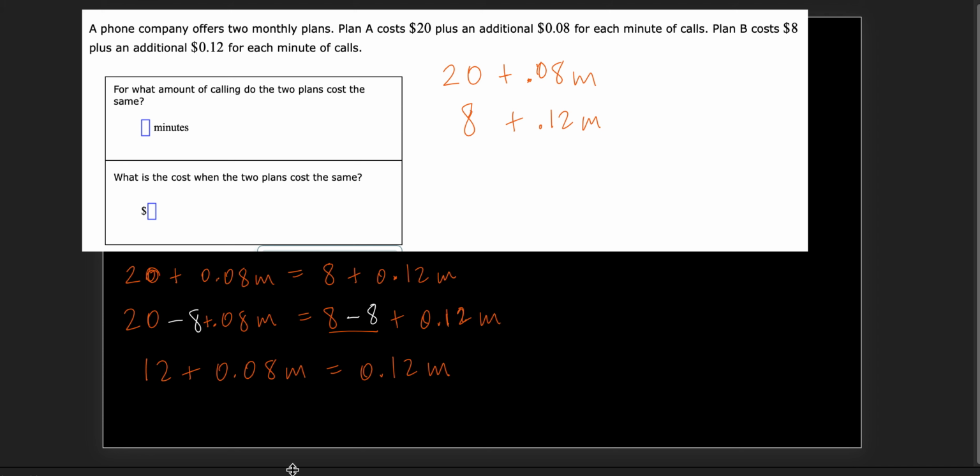Now I need the M's on the same side of the equal sign. So I need that 0.08 M to disappear from the left side and appear on the right side. So to do that, I need to subtract. I need to write it correctly first.